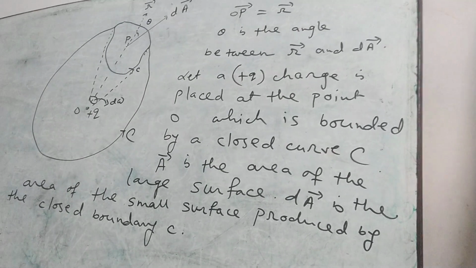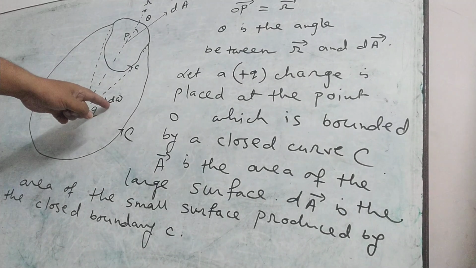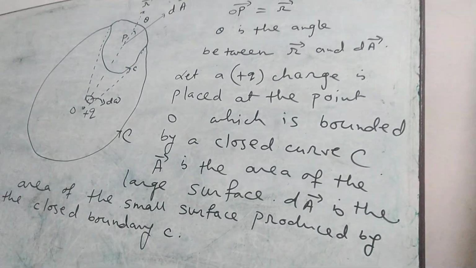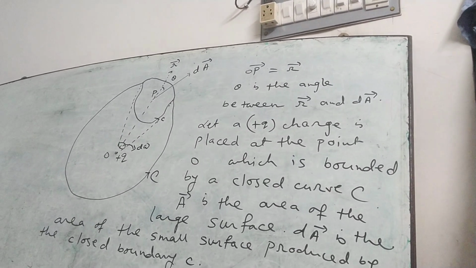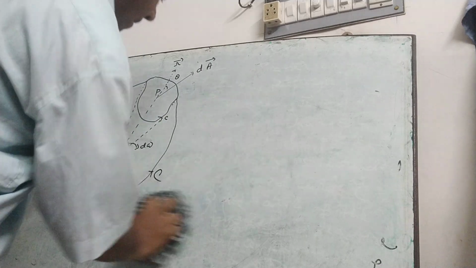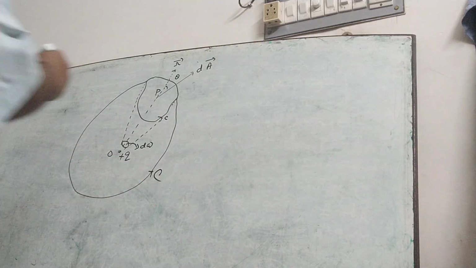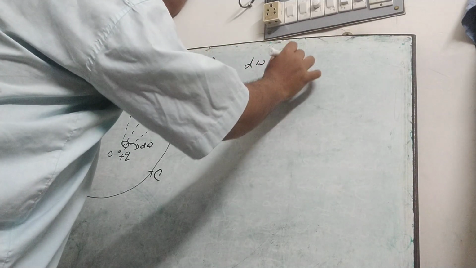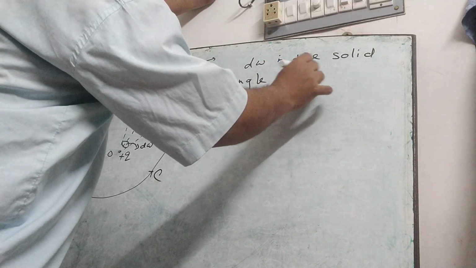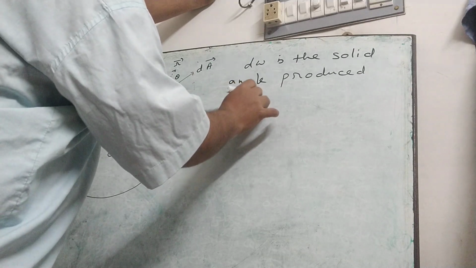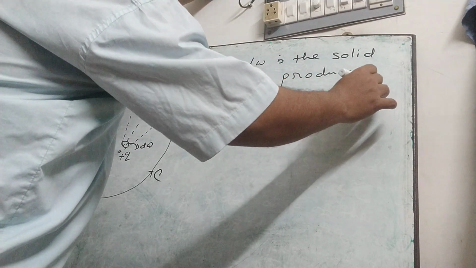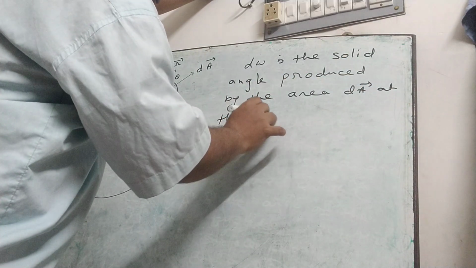And d omega is the solid angle produced at the point O by the small area dA. d omega is the solid angle produced by the area dA at the point O.